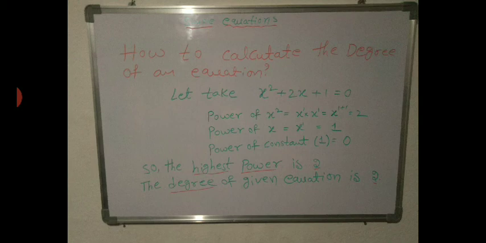So the highest power in the given equation is 2, and that becomes the degree of the equation. So the degree of x square plus 2x plus 1 equal to 0 is 2.